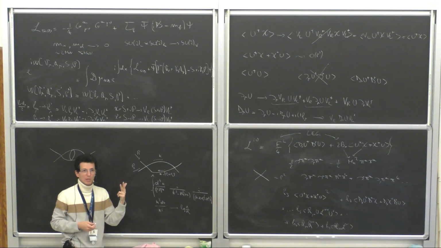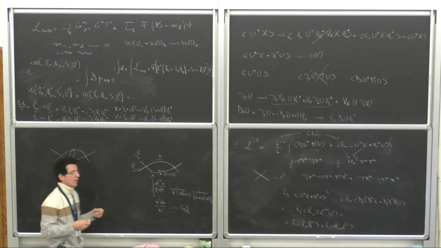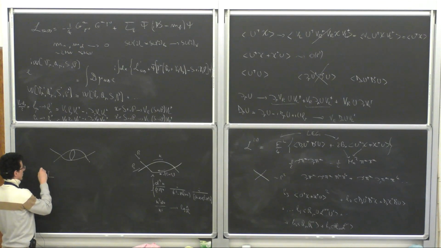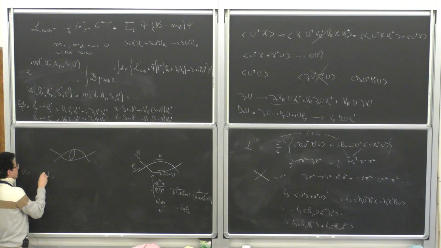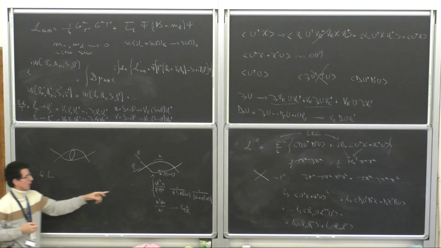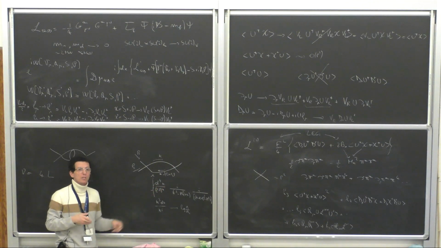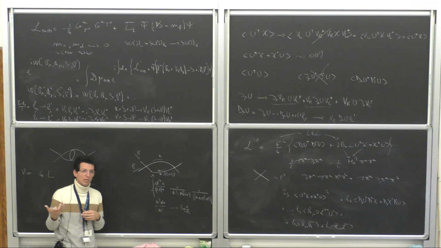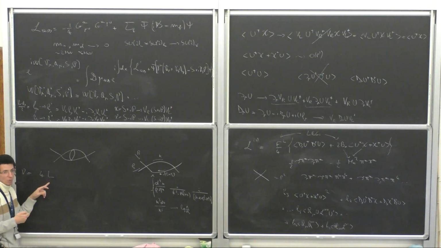So for a diagram with L loops, if we count the number of powers of momenta k, this will be 4 times the number of loops, because there is a d^4k for each.